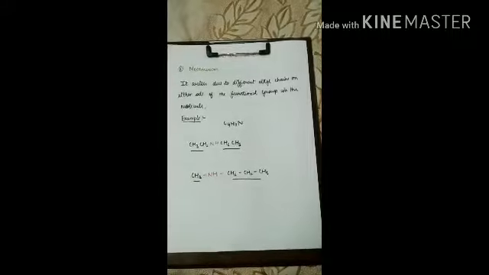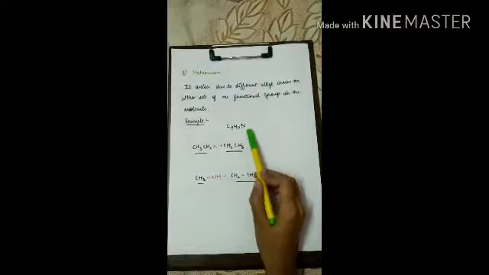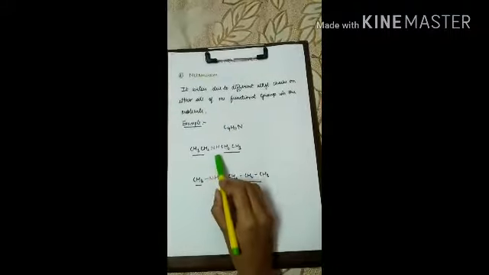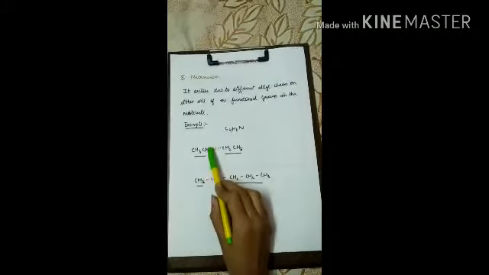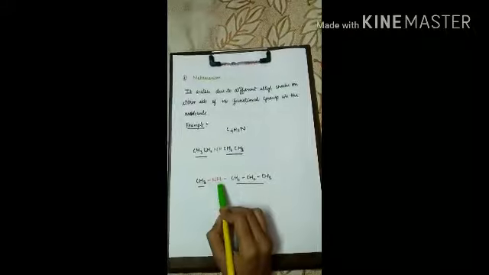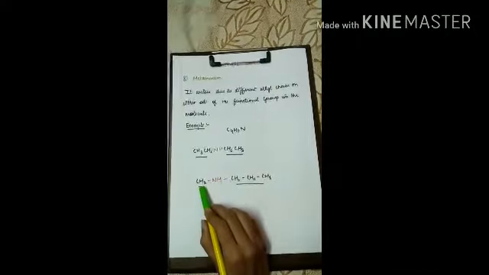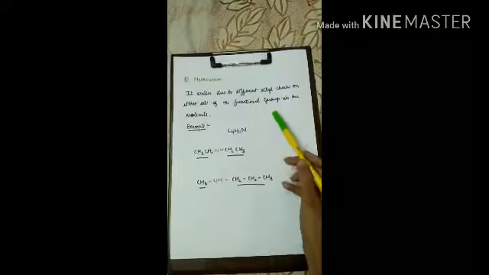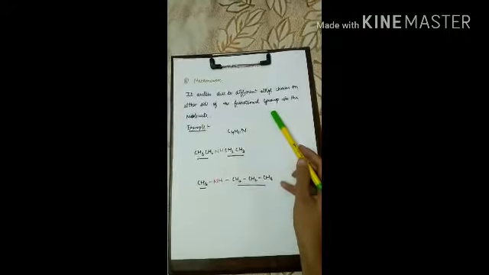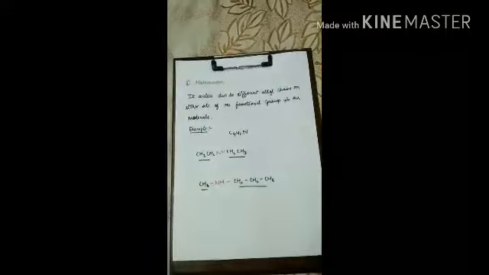We have a molecule C4H11N in which, in the first molecule, there are two ethyl groups on either side of NH, and in the second isomer we have one methyl group on one side of NH and a propyl group. So we have different alkyl chains on either side of the functional group, which shows metamerism.